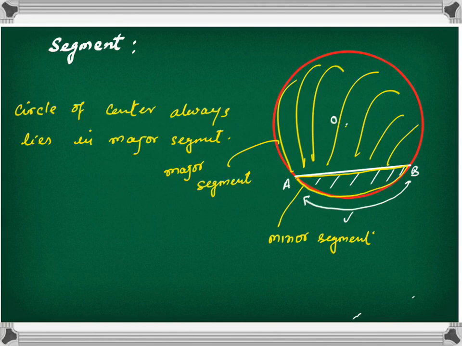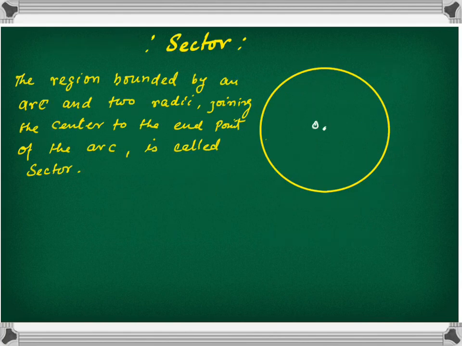Now we will talk about the sector. What is the sector? The region bounded by an arc and two radii, joining the center to the end points of the arc, is called the sector. If we draw the two radii, this is one radius and this is another radius, and this part is called the sector.